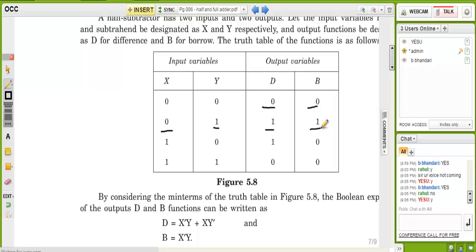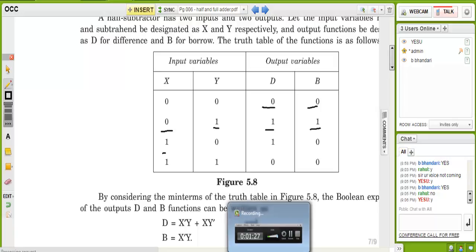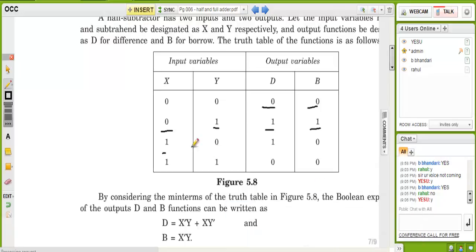Now if you subtract 0 from 1, it will result 1 and borrow is 0. Now if you subtract 1 from 1, then obviously the result will be 0 and borrow also will be 0.